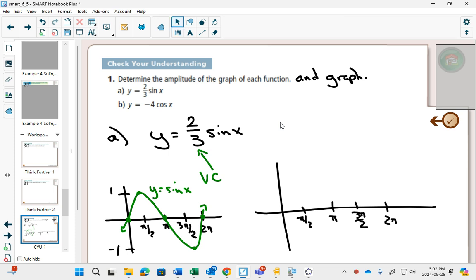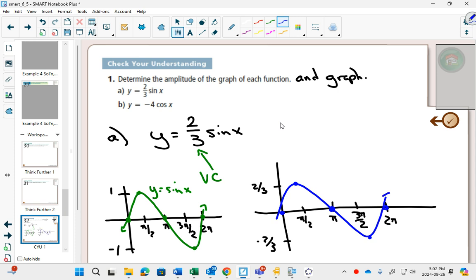And in fact, all of my x-intercepts where the y value is 0, they're not going to change. But this point that was 1 is going to get multiplied by 2/3, and it's going to become 2/3. And similarly down here, we're going to get -2/3. So our maximum now is at 2/3, and our minimum at -2/3, and here's our new graph.